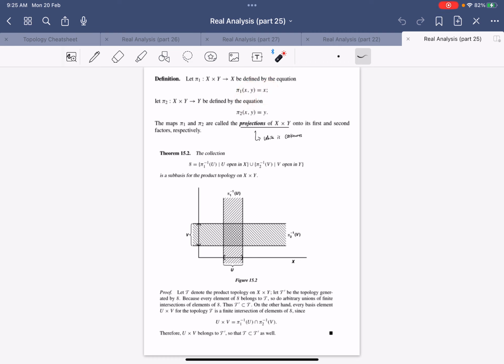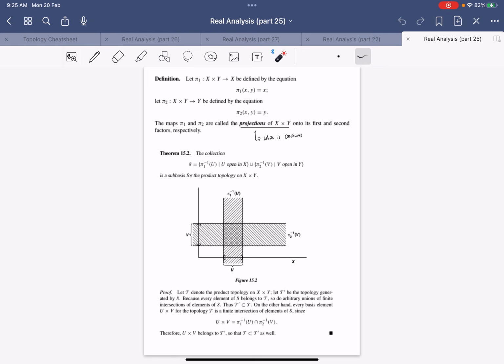Basically, the maps pi1 and pi2 are called the projections of X cross Y onto the respective coordinates. And you can easily show that these maps are continuous, which I'll again leave it to you to read in the textbook, because this is not the main focus of what we want.